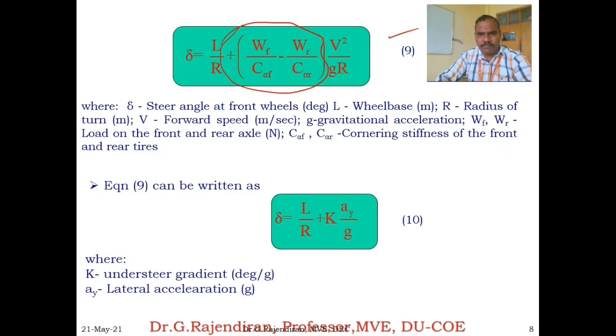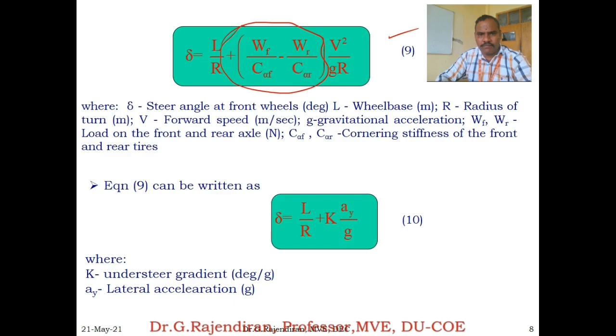Whatever the vehicle speed, from this equation, when the vehicle speed is 10 km per hour, it will not do anything for the steer angle. Vehicle speed is 20 km per hour, it will not do anything with respect to the steer angle because the entire term is 0. Clear?